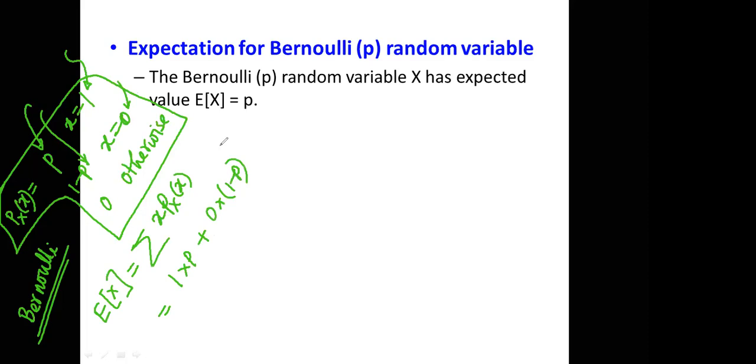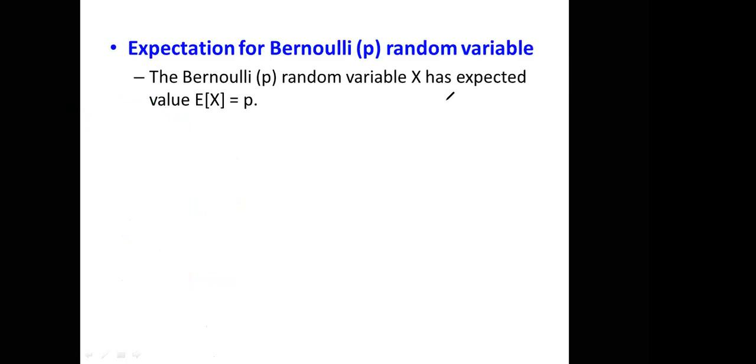What about the other values? We don't need them because the probability is 0. So that will be equal to p. So the expected value of x will be p for the Bernoulli random variable. Is it clear? Yes, sir. So this is how we find the expected value of the Bernoulli random variable.